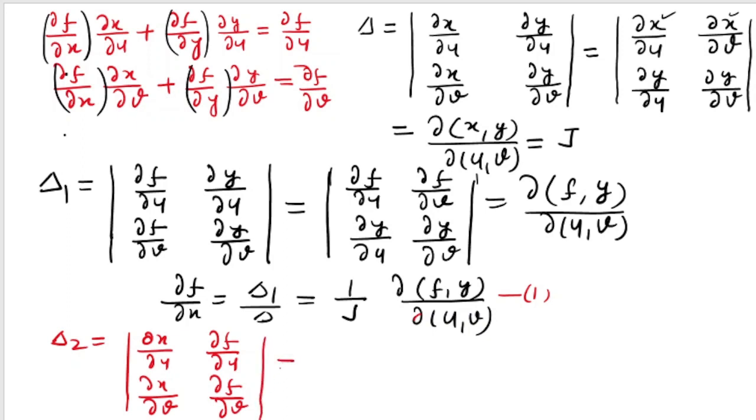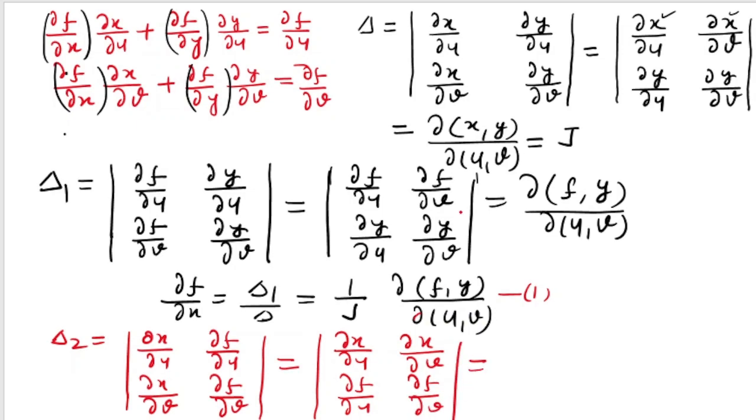So again the same logic, I am going to replace the rows and columns. So the first row becomes the first column, or the first column becomes the first row. So I write del x by del u, del x by del v, del f by del u, del f by del v, right?